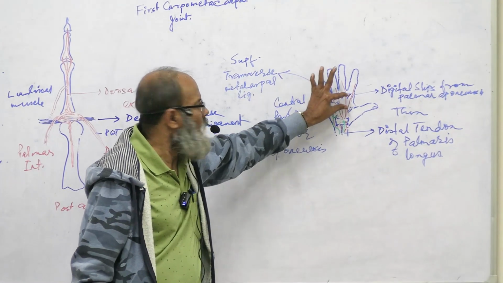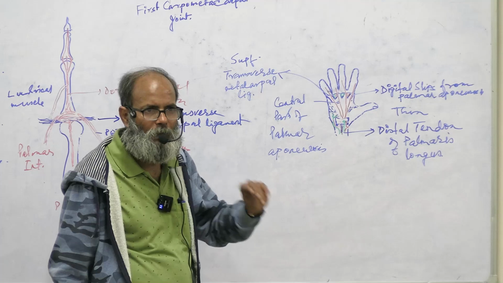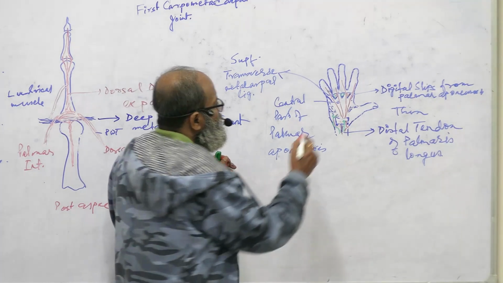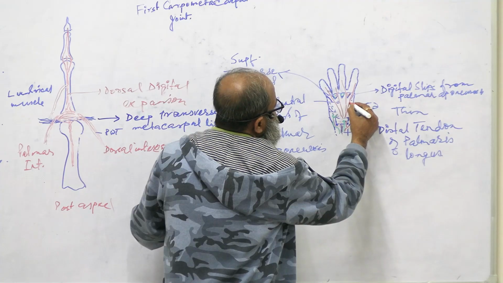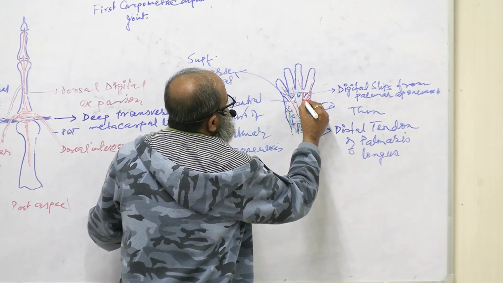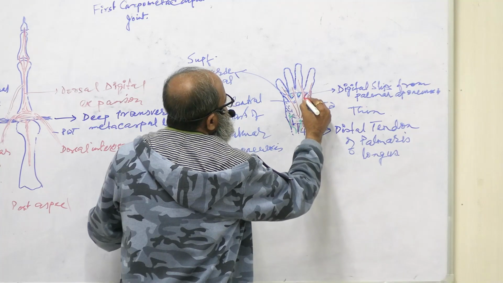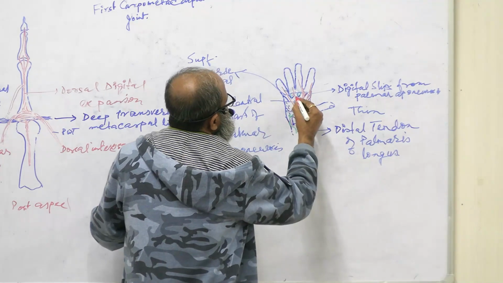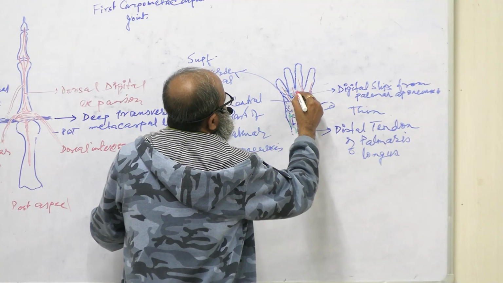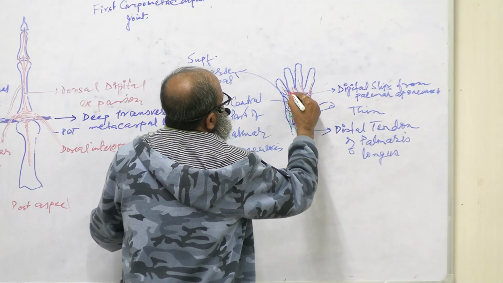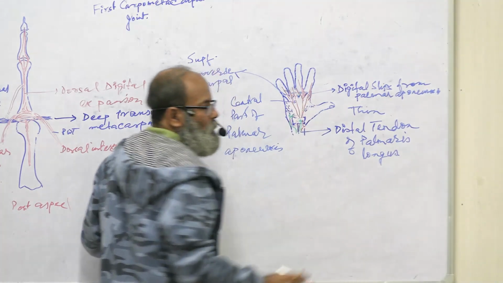The synovial sheath is deficient at its middle part, and from that denuded part the lumbricals take their origin. From where?